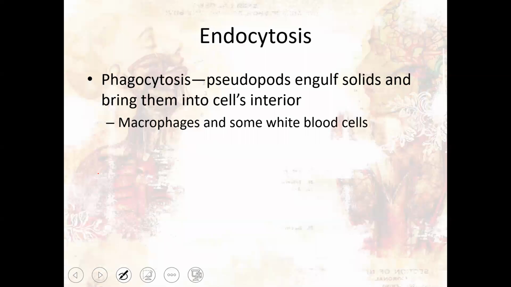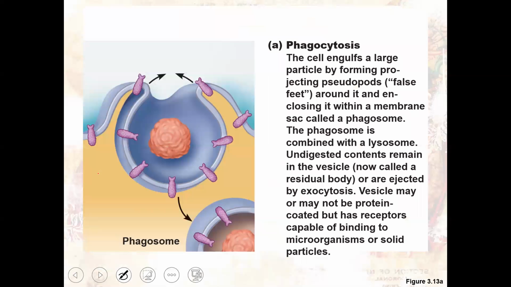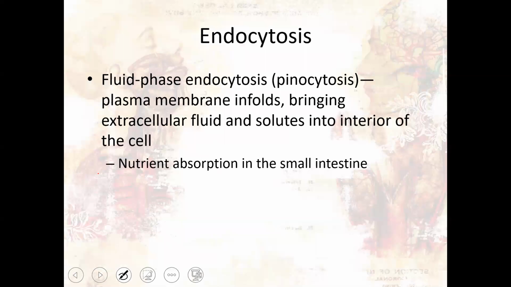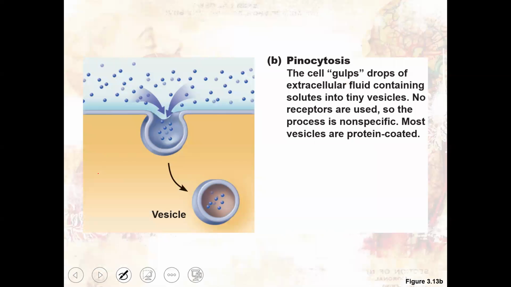Phagocytosis means cell eating. So here you see the cell being fed hamburger meat or whatever they're feeding cells these days, and it's wrapped around it and bringing it in. Fluid phase endocytosis is called pinocytosis. It means cell drinking. And so here it's just gulping fluid outside. This is not specific.